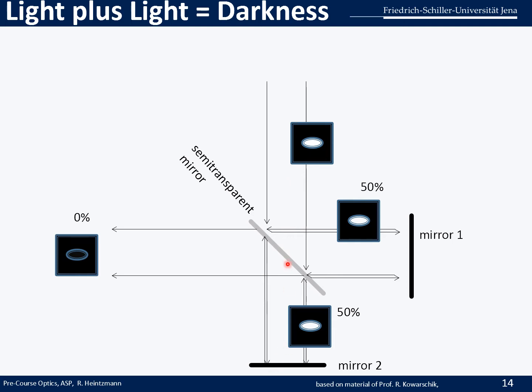And in this case, it turns out when you have darkness here, i.e. destructive interference, you get constructive interference in this beam path, which means all the energy returns towards the light source here. And on the other hand, if we have constructive interference here, we get destructive interference here. So therefore it's all fine.